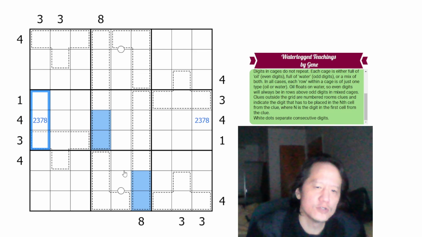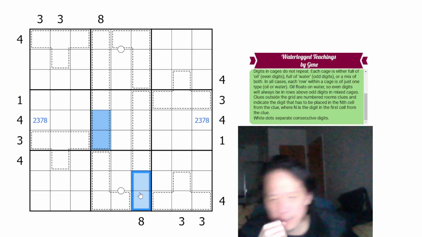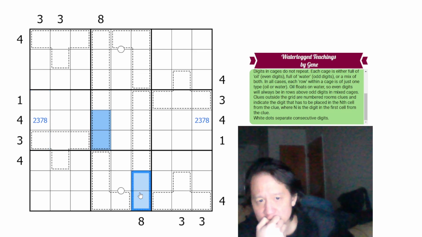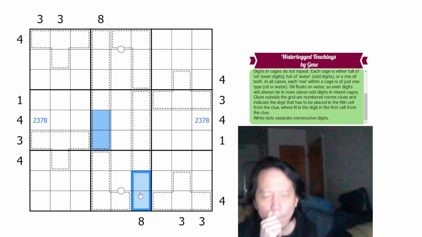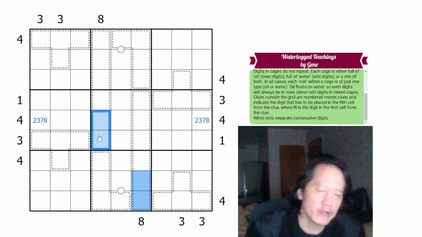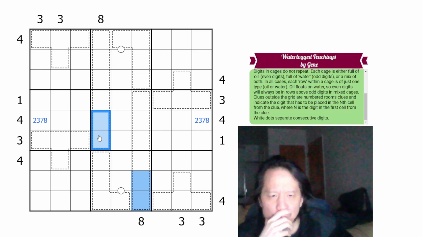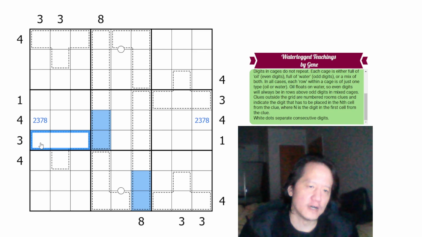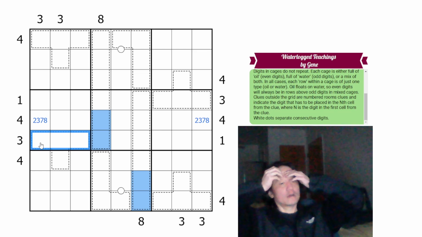So these two are odd. If one of these is odd, the rest of them must be odd.